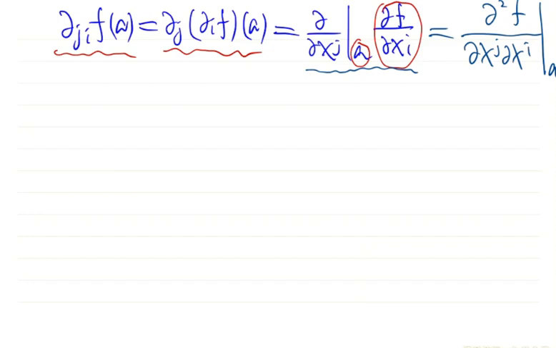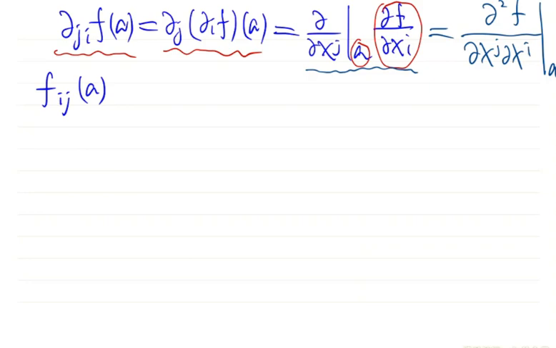You should take care of the order of differentiation. We also use another commonly used notation, Fij. We use this notation to denote the derivatives given at the first line of this page.